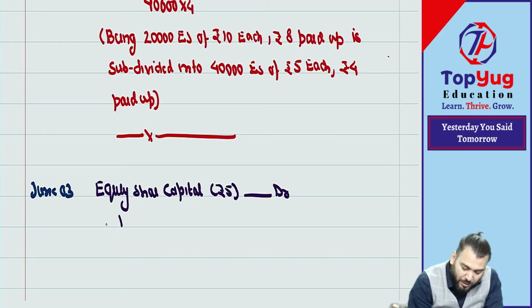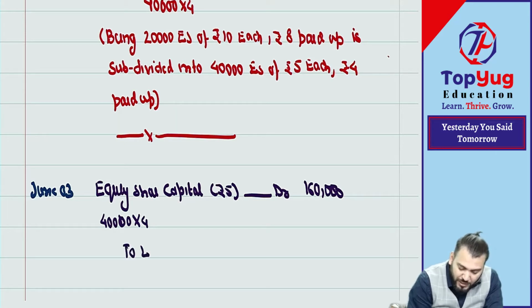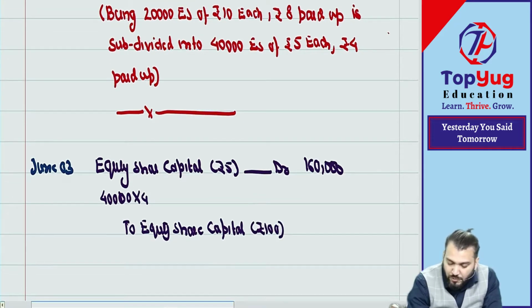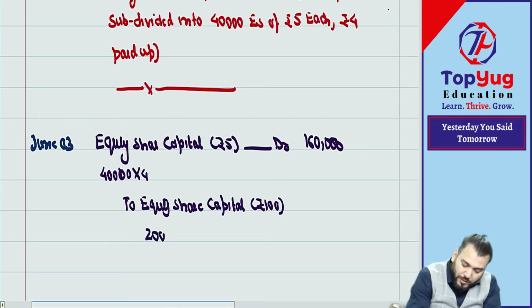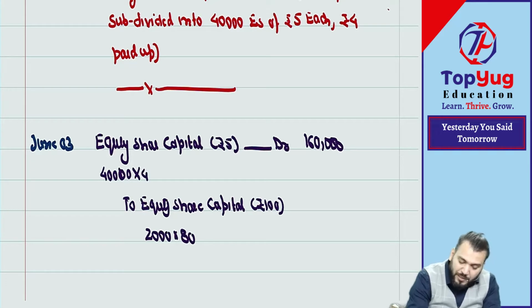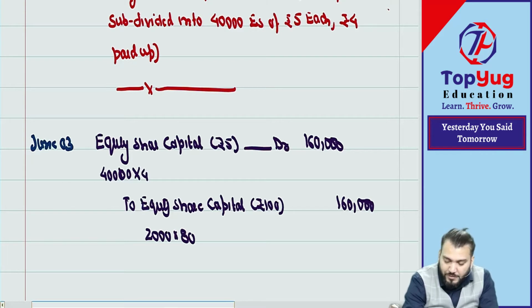Equity share capital of rupees 5 means 40,000 into 4, 1 lakh 60,000, will be consolidated into equity share capital of rupees 100. So now it will be 2,000 equity shares, so 2,000 into 80. You can see the paid up capital once again remains the same.